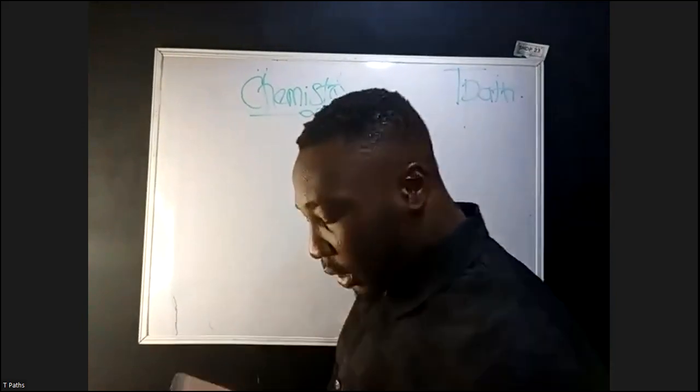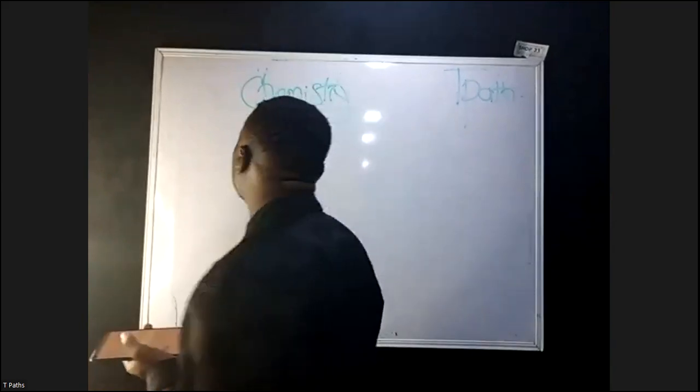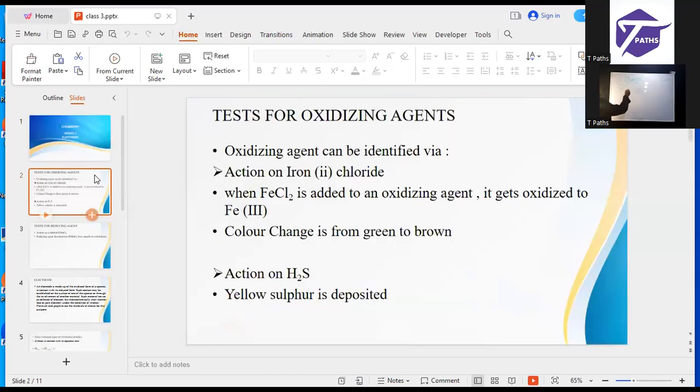Number one, the first thing we have there is the action of iron(II) chloride, that is FeCl2. If you have a substance that you think is an oxidizing agent, you pass it through a solution of iron chloride. And what happens is that Fe2+ gets oxidized to Fe3+.